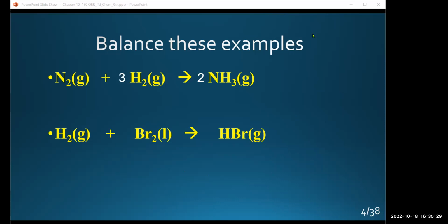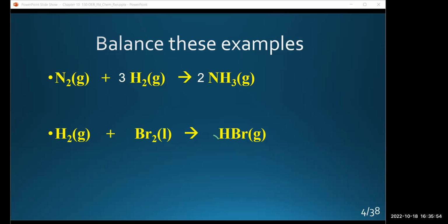Here we have a scenario where we have hydrogen gas in the presence of bromine reacts to form hydrogen bromide, which is an acid, HBr. Okay, so now we're gonna balance it.